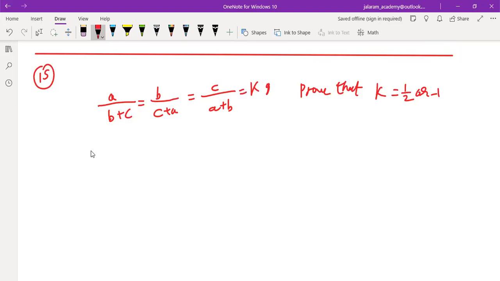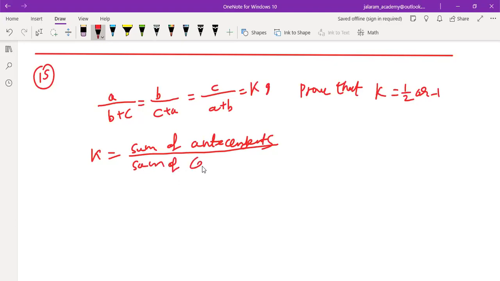So first of all, we will use K equals to sum of antecedents upon sum of consequents.